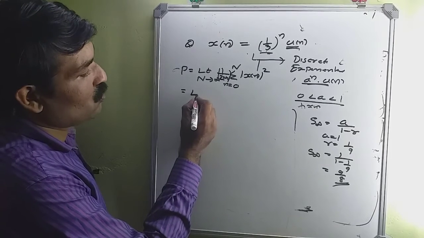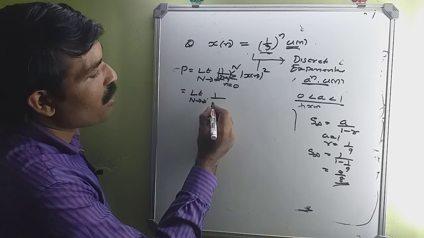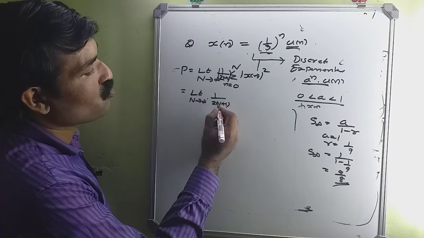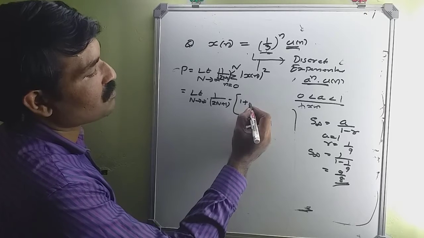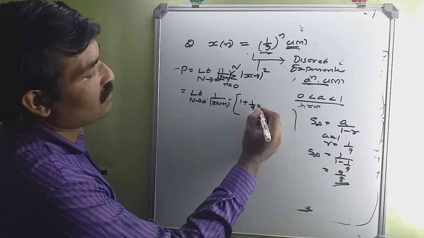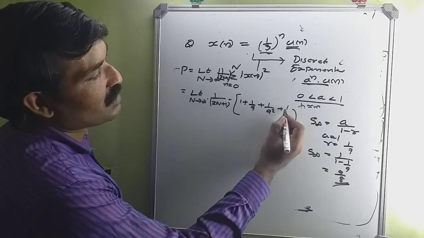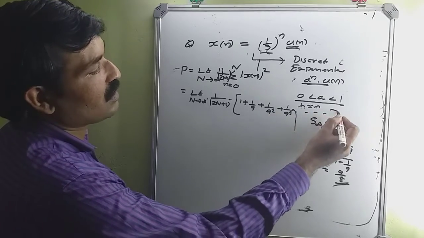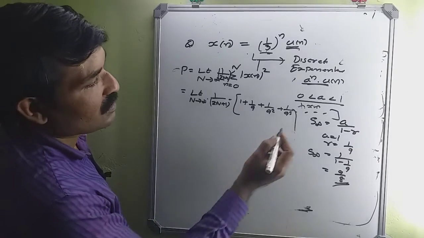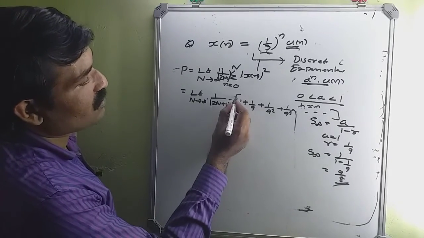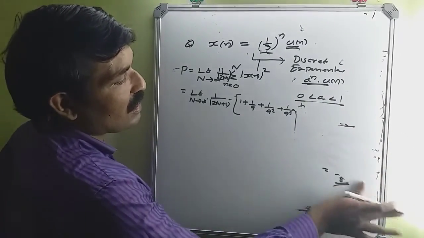That is equal to limit n tends to infinity 1 by 2n plus 1 into 1 plus 1 by 9 plus 1 by 9 square plus 1 by 9 cube and goes on. Okay, so this is the summation to n terms.